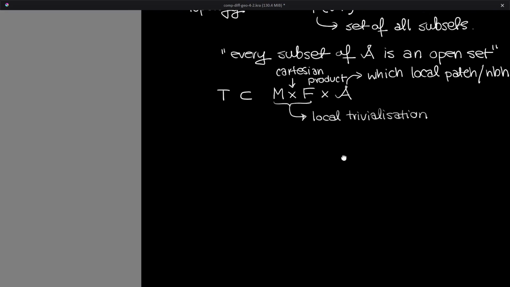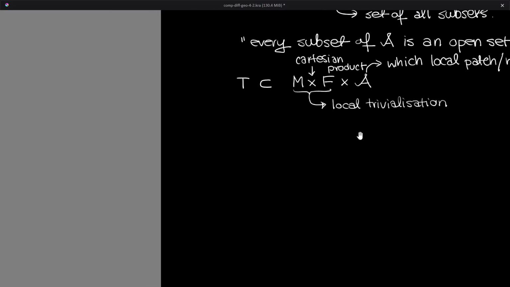So we want to say that T is a topological space. Before we do that, the elements of T look like this. Elements of M are points on the manifold, elements of F are vectors, and elements of A are indices. So we have a triple: a point on the manifold, a vector, and an index.